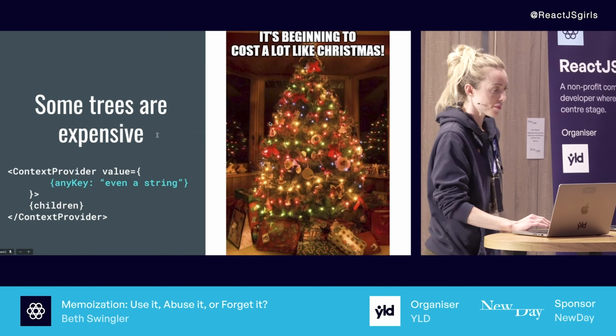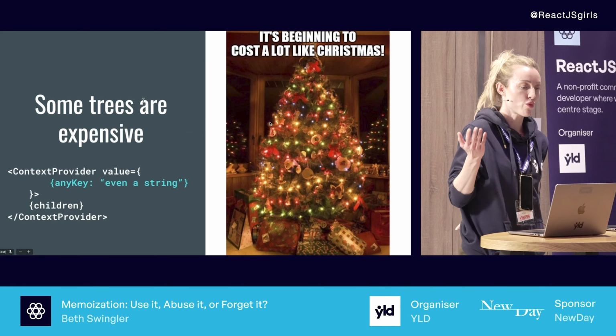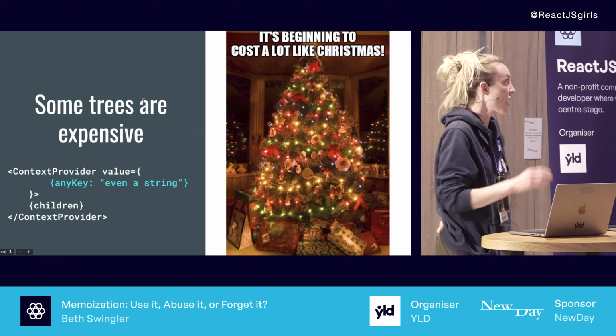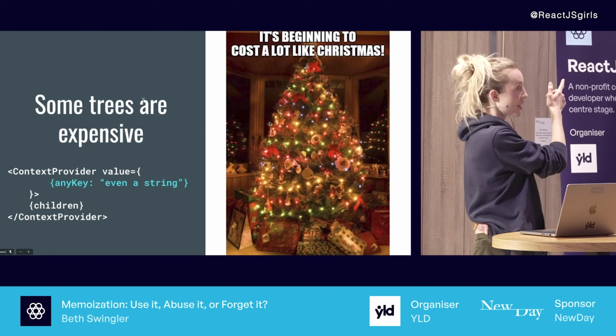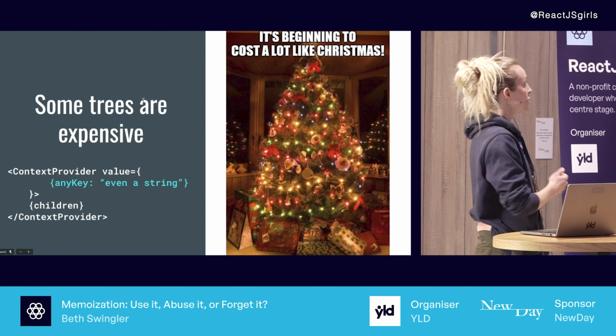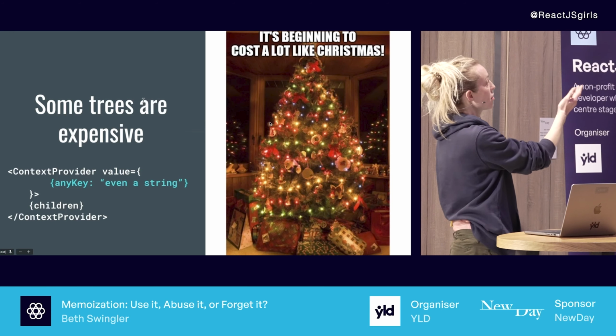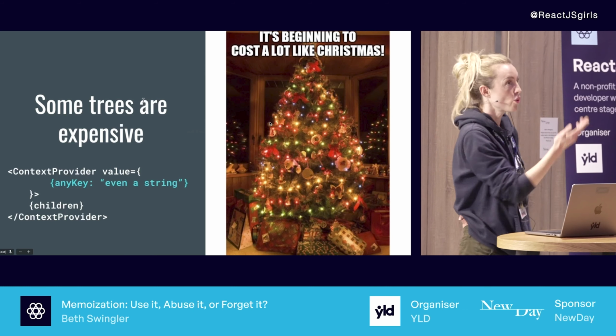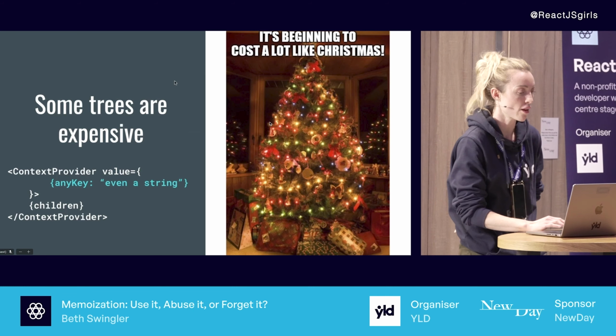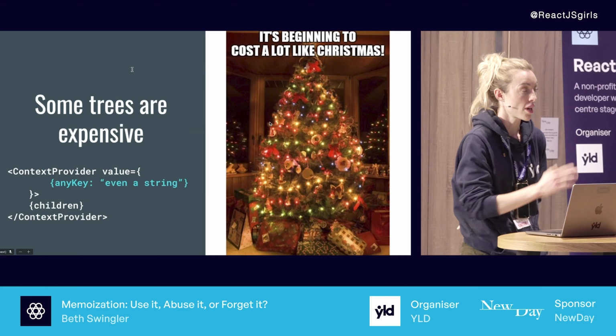So, as I said, the value prop is recreated on the fly every time this context provider re-renders. Even though this one's trivial and I could pass it exactly the same string, it's technically going to be a new object if it's not memoized.